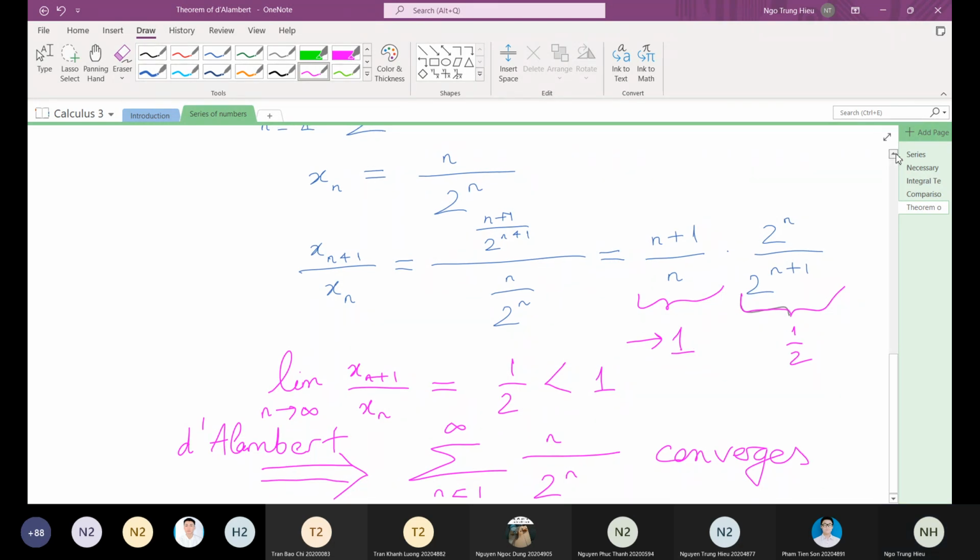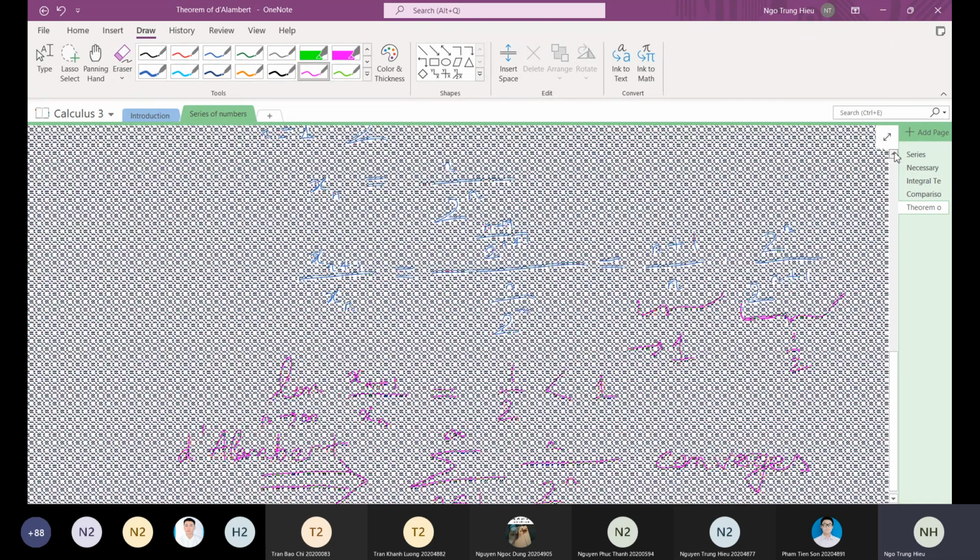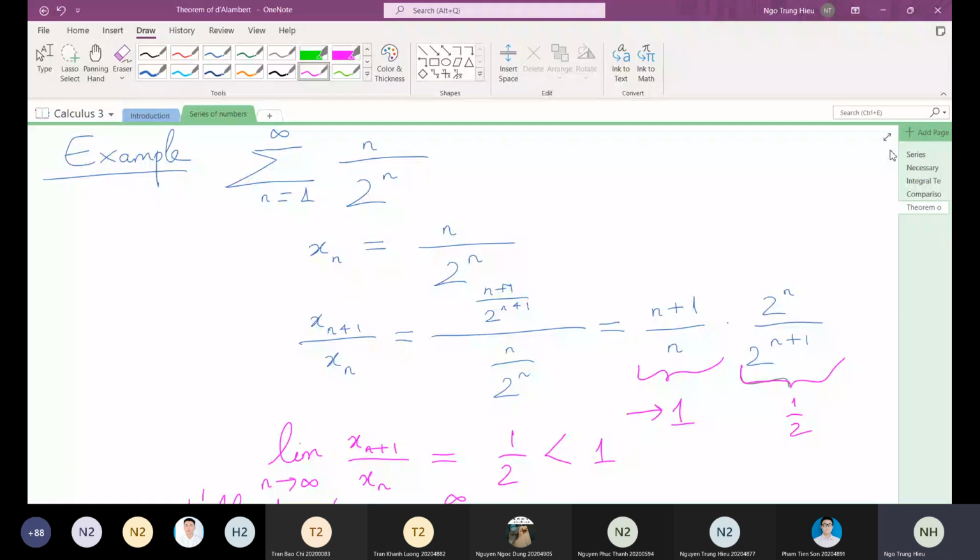So we have the series, the sum of n over 2 to the n, and we use the D'Alembert theorem to show that the quotient has the limit 1/2, less than 1, and we conclude that the series converges. Any questions?